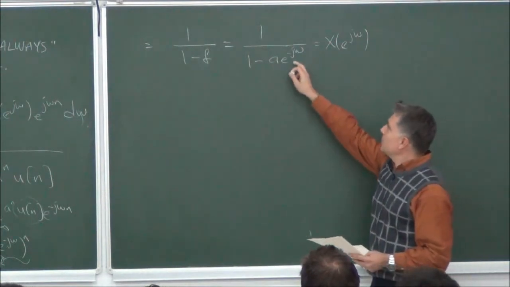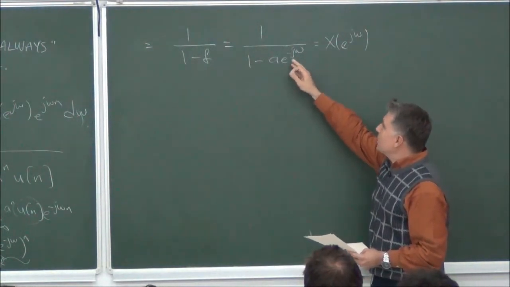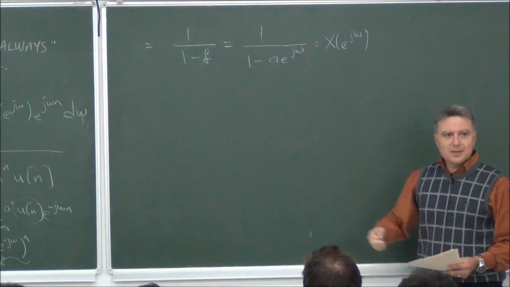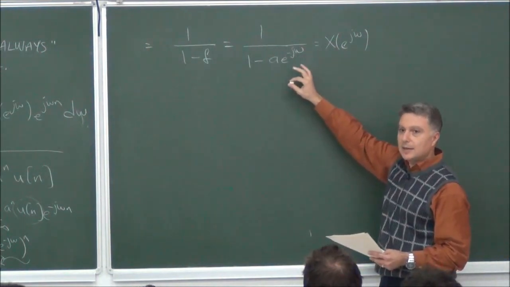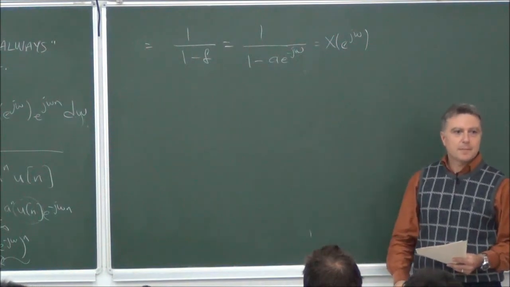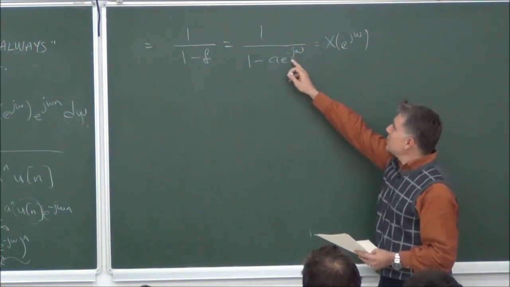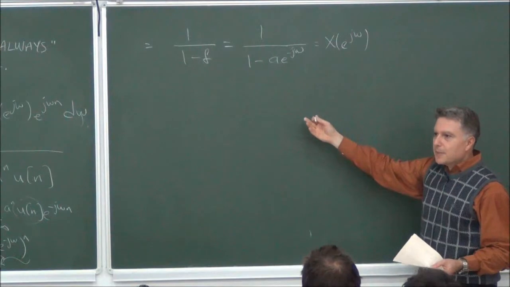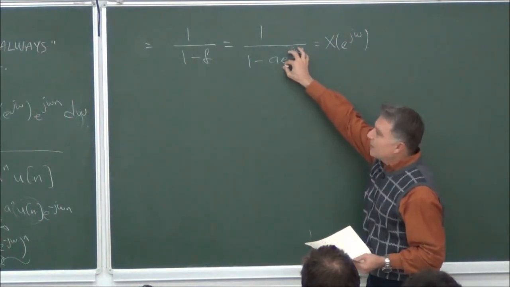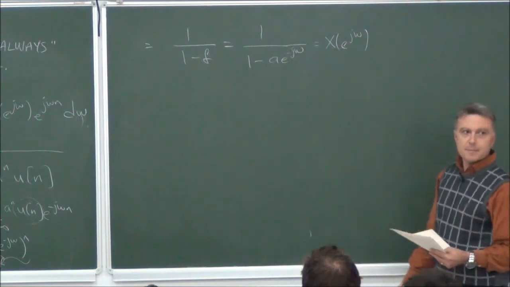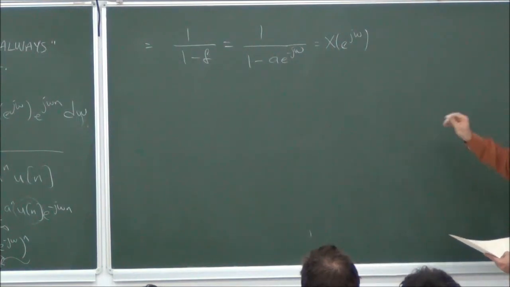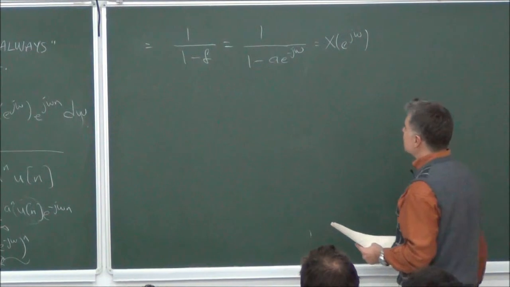If it is like e to the j omega, e to the j2 omega, 3 omega, whatever, if there exist some terms like that, they are always 2 pi periodic. E to the minus j omega is always 2 pi periodic. Since this portion is a function of omega and it is 2 pi periodic, everything is 2 pi periodic. Okay? So the checklist number 1 is okay.